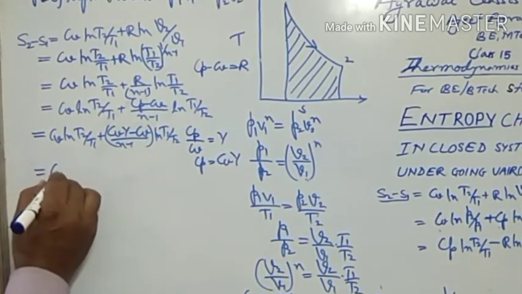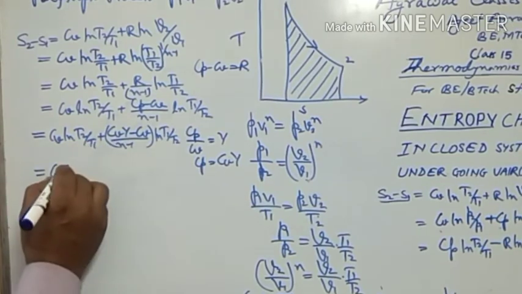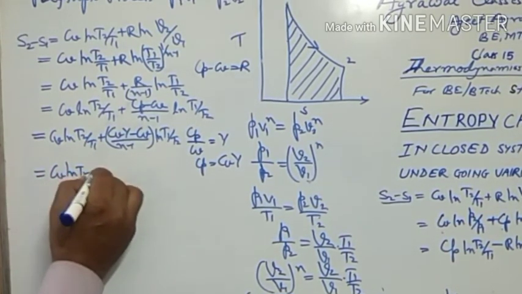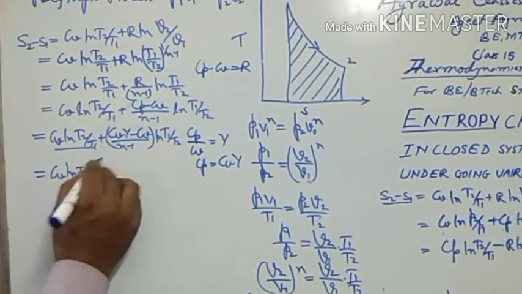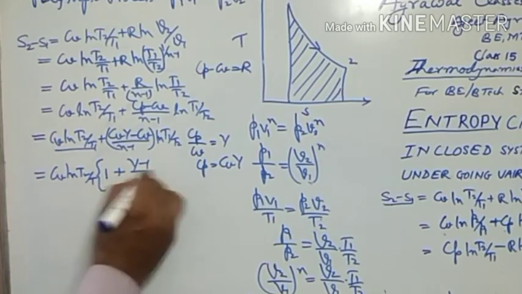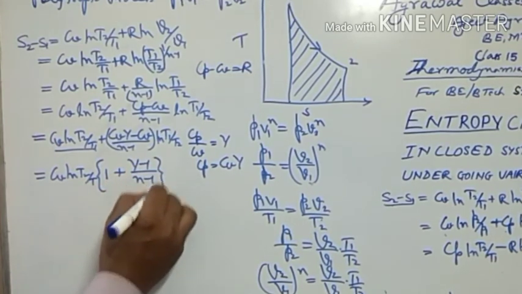Or we can take Cv common and log T2 by T1 common, then here it becomes 1 only, 1 plus gamma minus 1 upon n minus 1.